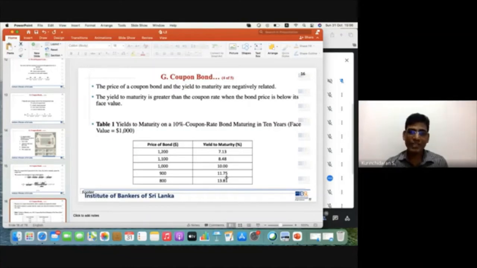Now interest rates are changing rapidly, increasing in the market. What is the latest rate? Anybody? The latest auction, roughly, in the treasury bill auctions, the 364 days treasury bills auction.